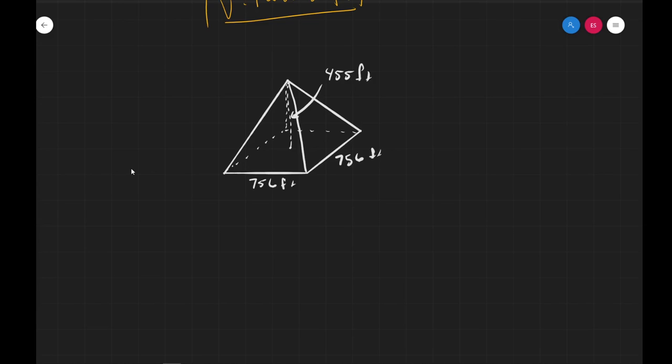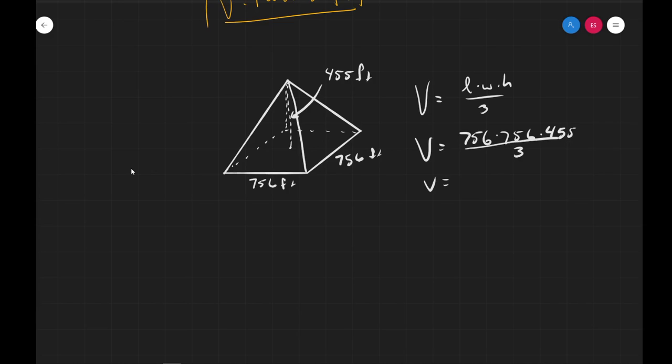Okay, so if we take all these numbers, we take our volume equation, V equals length times width times height over 3. V equals 756 times 756 times 455, and we divide that by 3, we get a number.